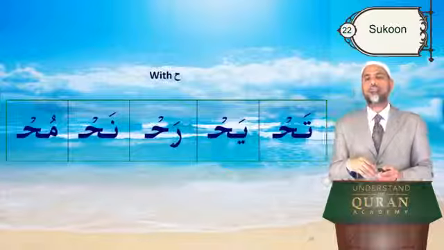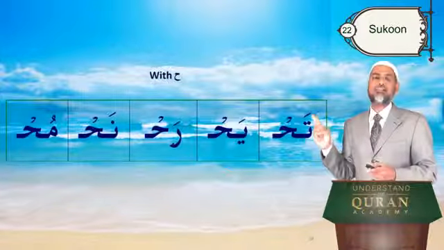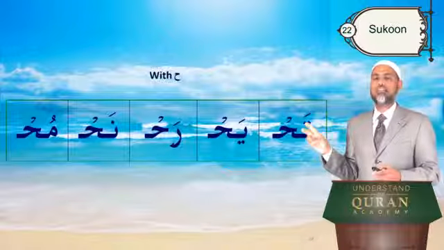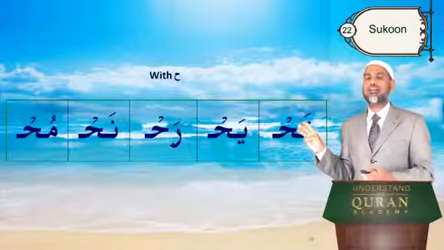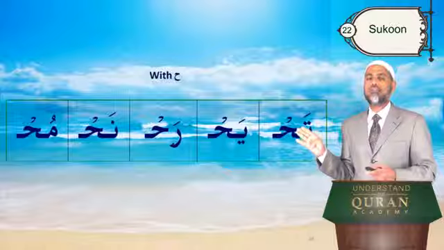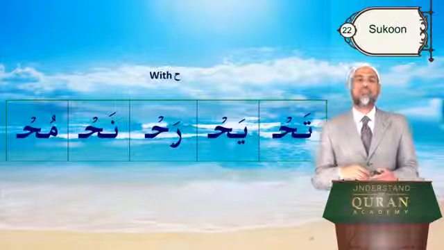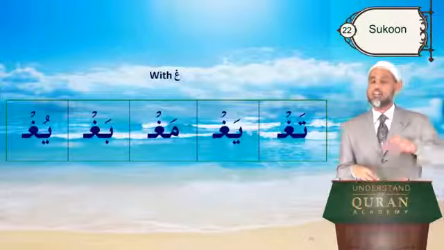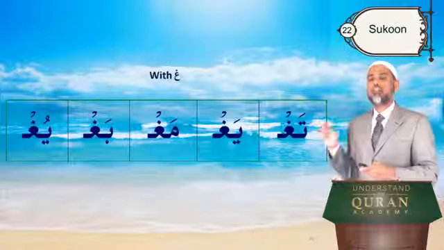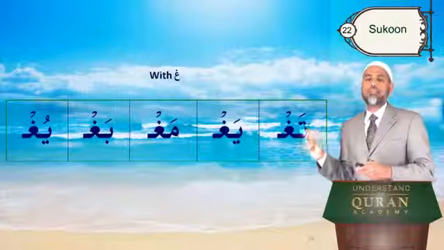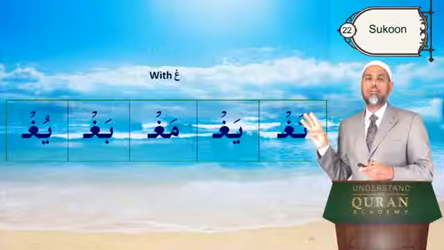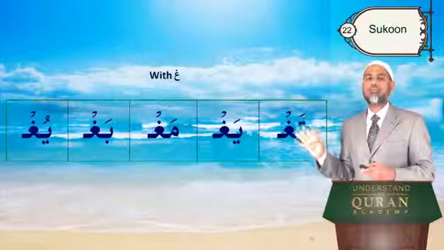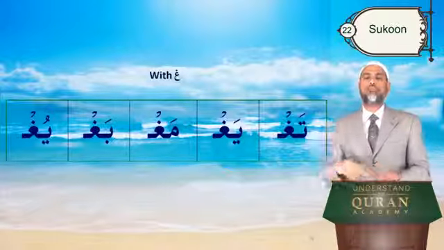And with ha, tah, yah, rah, ra is thick, nah, muh. And with ghain is high sounding, tag, yag, mag, bag, yugh.